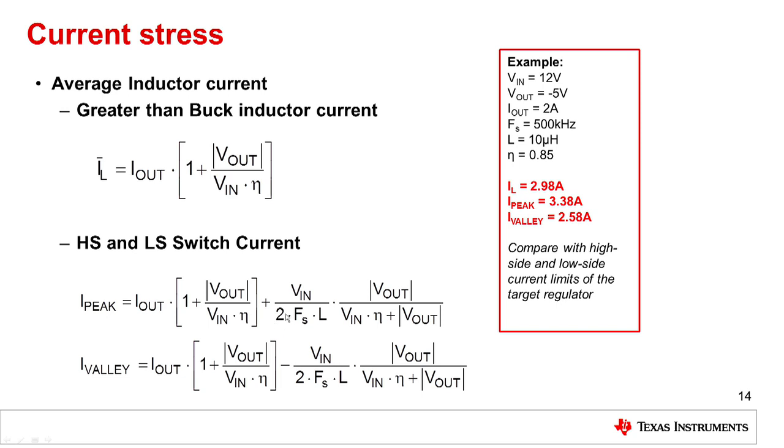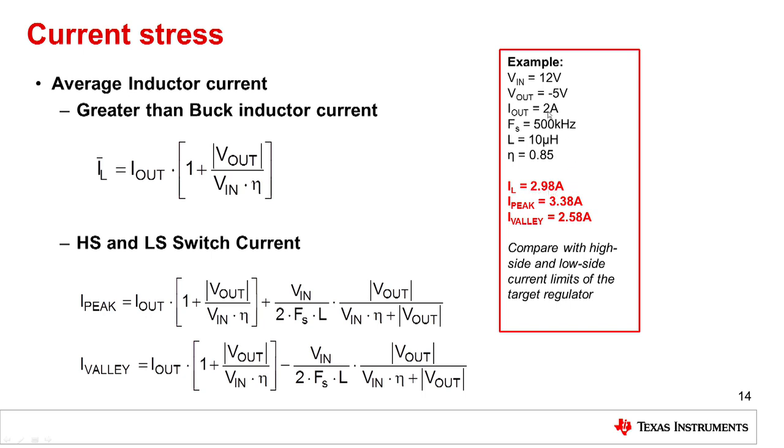Again, with simple mathematical analysis, you arrive at the peak and valley currents using these two equations. Let's take a look at our example here on the slide with a Vin of 12 volts, a Vout of minus 5 volts, an output current of 2 amps, 500 kilohertz switching frequency, a 10 microhenry inductor, and we assume an efficiency of 0.85. The average inductor current is 2.98 amps.